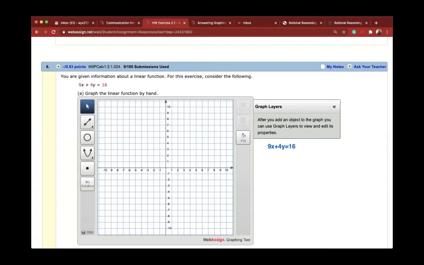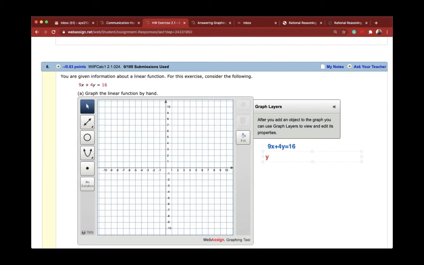And one thing that we know from our linear functions is that if the function is written in point-intercept form, it will make it easier for us to graph. Now, you're probably wondering, what do I mean by that? For instance, we have the linear function 9x plus 4y equals 16. What I mean by point-intercept form is the y equals mx plus b form.